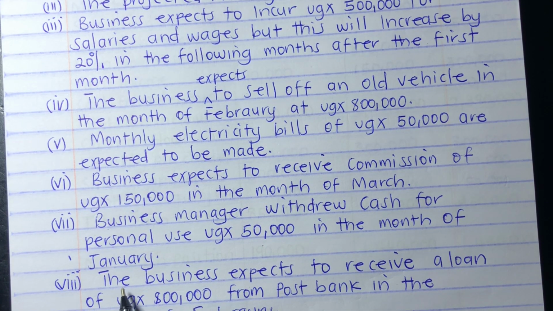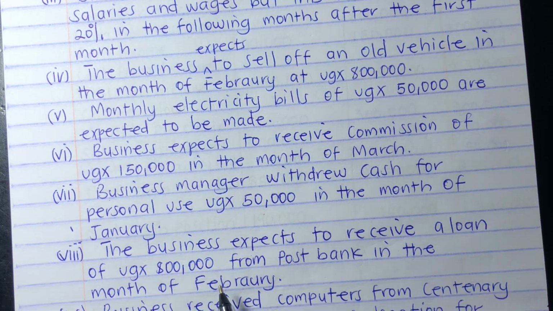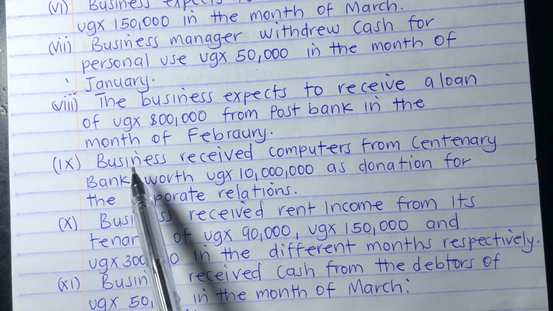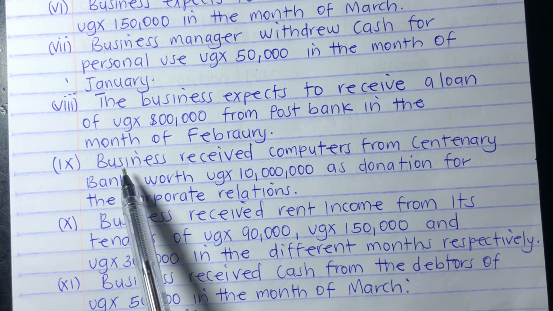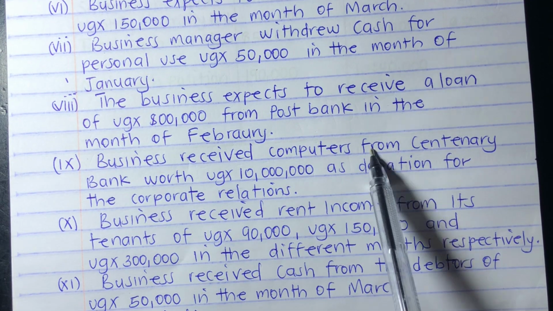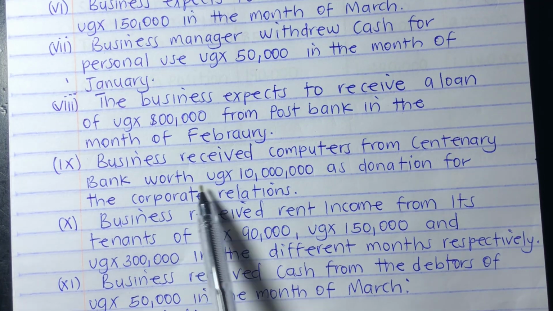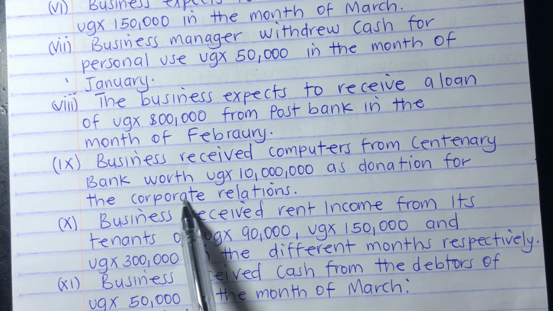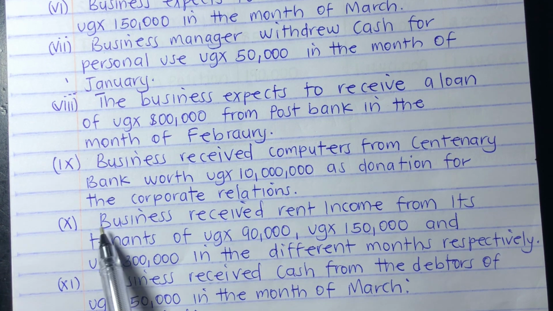The next Roman, the business expects to receive a loan of UGX 800,000 from Post Bank in the month of February. Roman 9, the business received computers from Centenary Bank worth UGX 10 million as a donation for corporate relations.